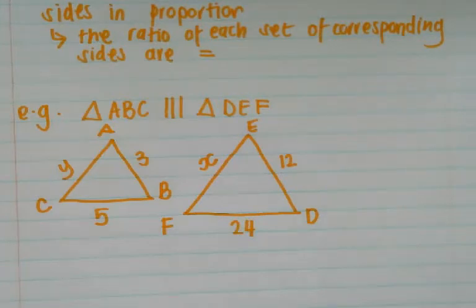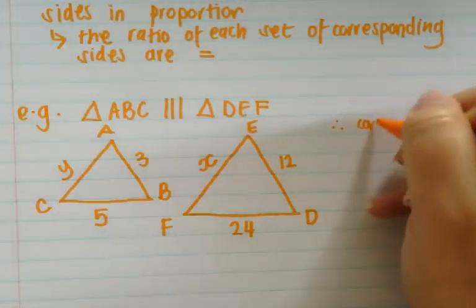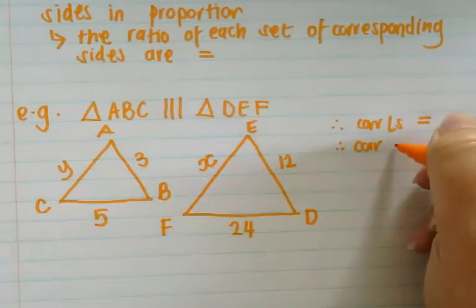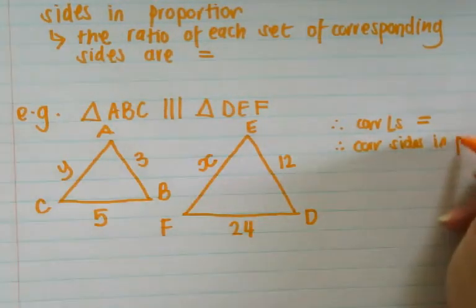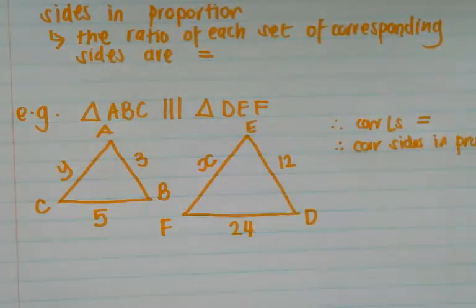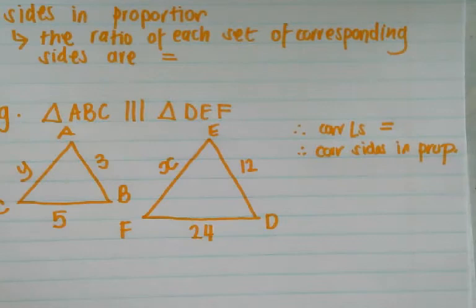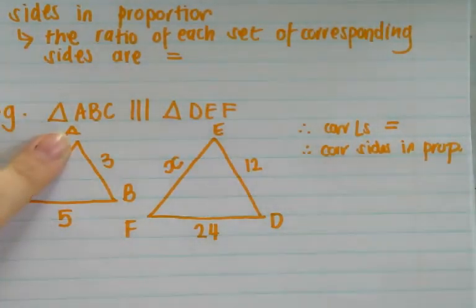So if those triangles are similar, then those corresponding angles are equal, and therefore the corresponding sides are in proportion. If the corresponding angles are equal, angle A would be equal to which angle?